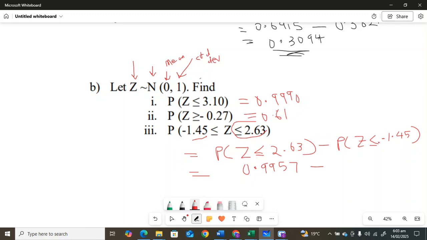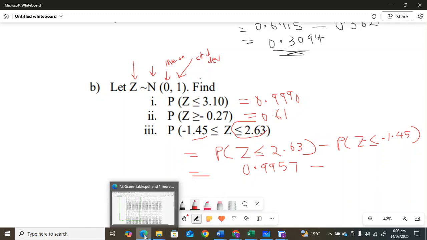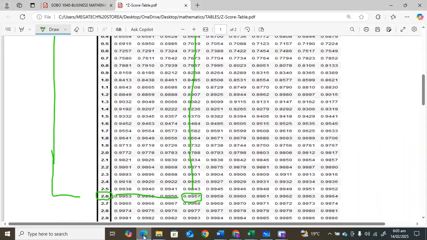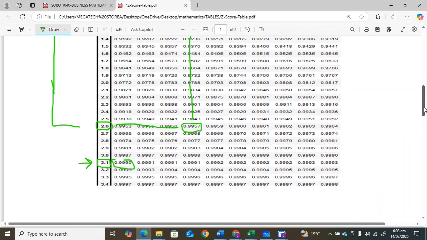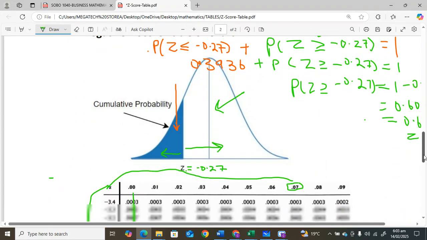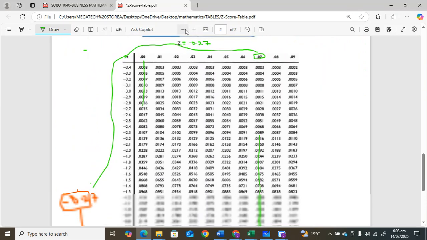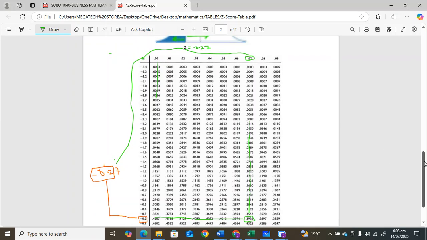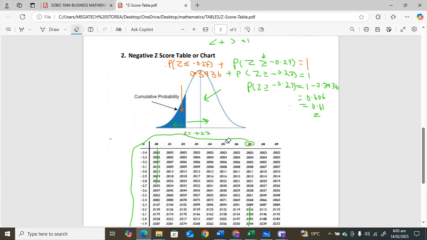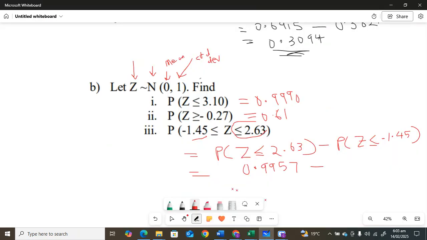Minus, then we go to less than negative 1.45.